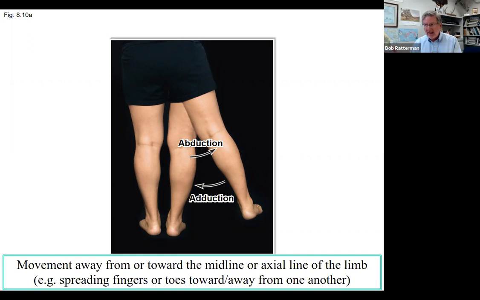That could, again, be a leg. It could be an arm. Those are the two most common examples I can think of. Or they do mention spreading the fingers or toes away or toward one another. So we could have abduction or adduction that way as well. Generally, I think of an arm or a leg.